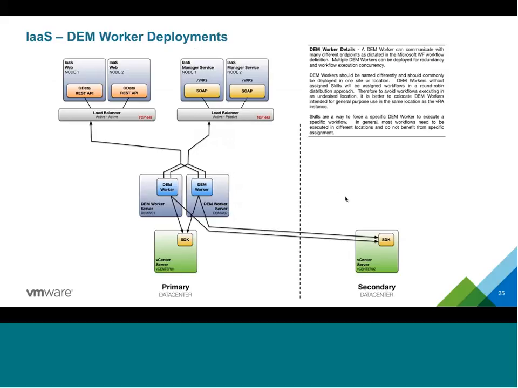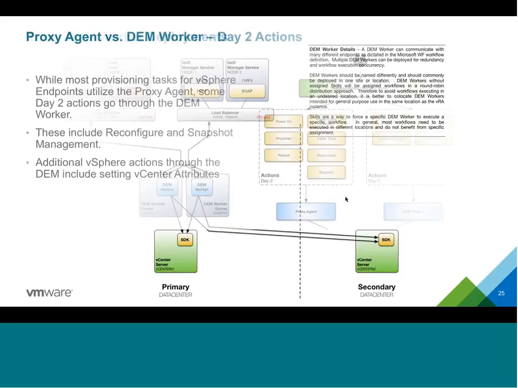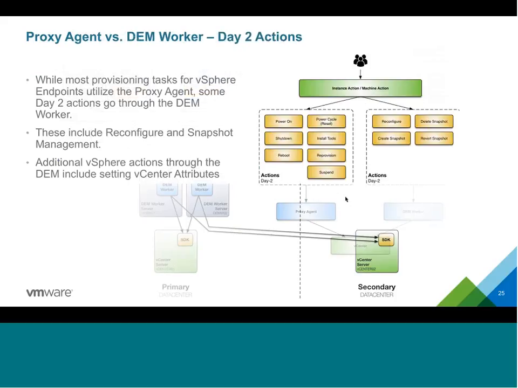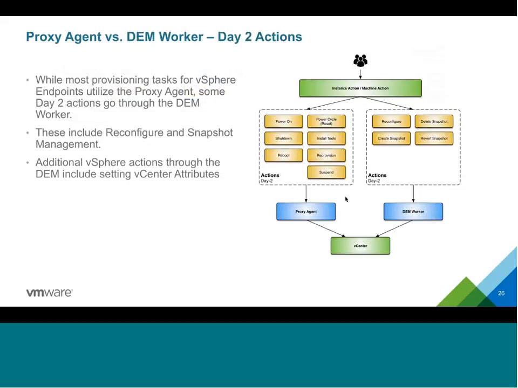Now, what's the difference between the proxy agent and the DEM worker? The type of work these two do is a bit different. The proxy agent typically does more basic operations like power on, shutdown, reboot, power cycle, install VMware Tools, reprovision, and suspend. Whereas the actions done by the DEM worker are typically reconfiguring the machines, creating a snapshot, deleting a snapshot, or reverting snapshots.